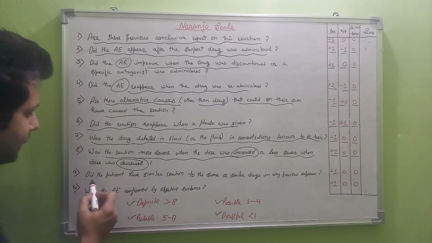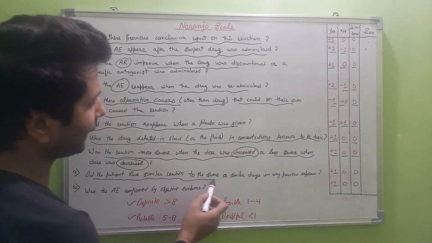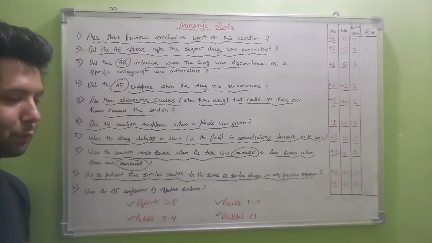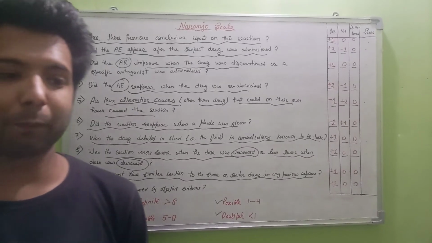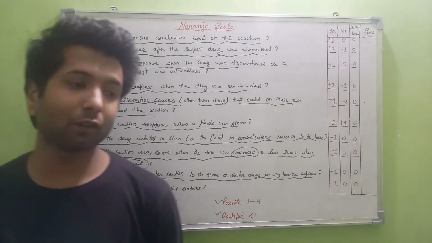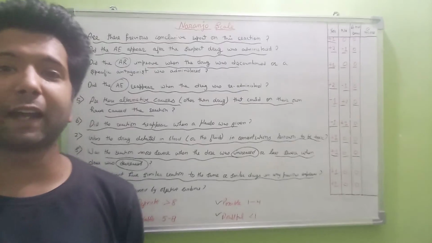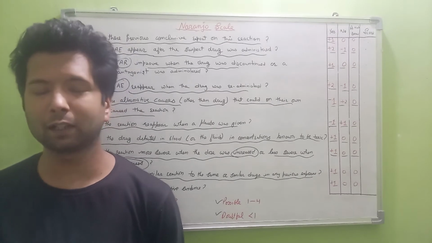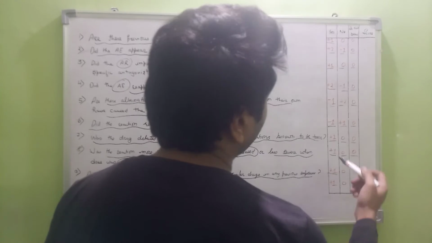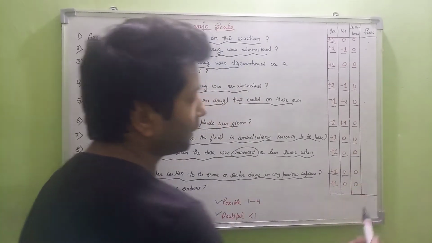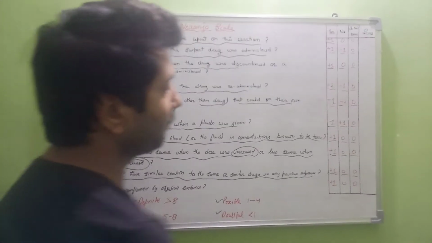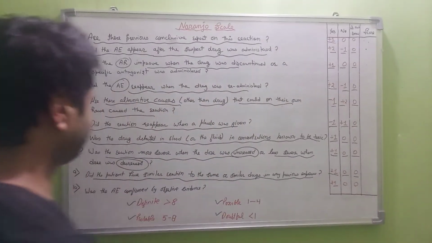Next is, did the patient have a similar reaction to the same or a similar drug in a previous exposure? Paracetamol, we know, is an NSAID. So if the patient had a similar reaction with other NSAIDs, then we will capture +1 here, or if it is no, then we will capture 0, and if we do not know, we will capture 0 and we will put the total score here.